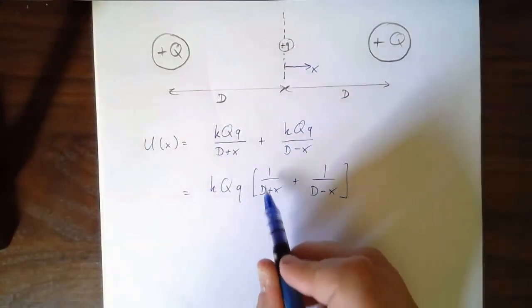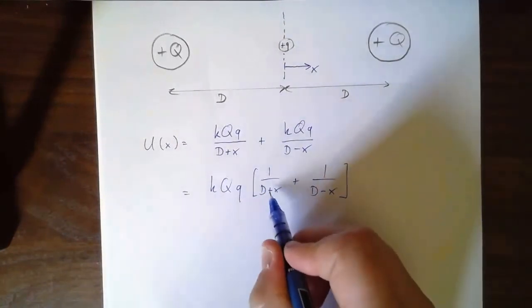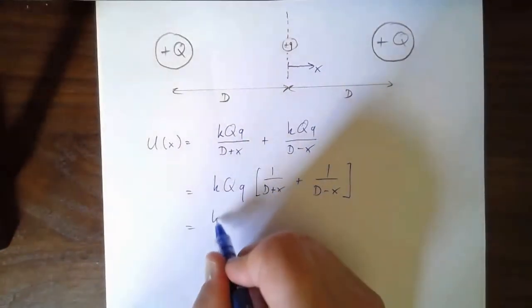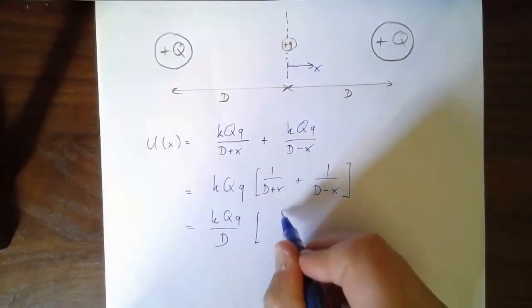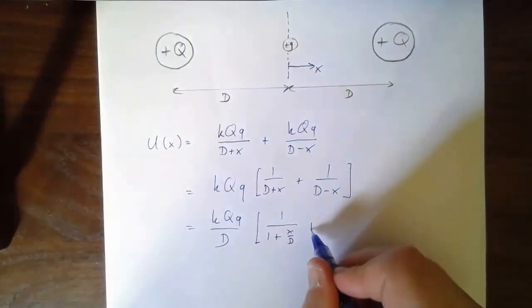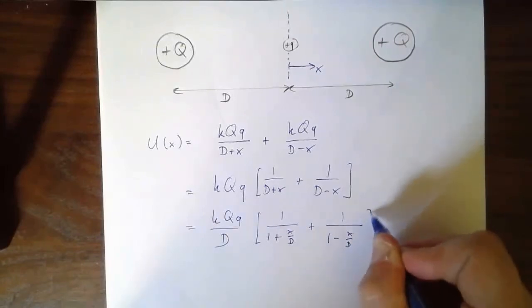This is going to be part of your mathematical toolbox. I'm going to take out a factor of 1 over d, and I'm left down here with 1 plus x over d, or 1 minus x over d.